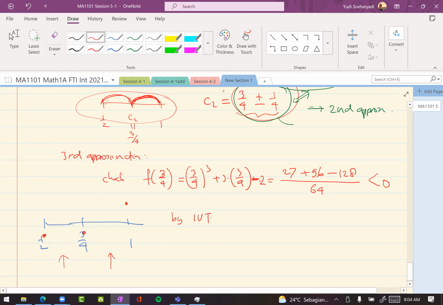Excuse me, sir, sorry to interrupt, but I checked on my calculator: f(3/4) is positive, 13 over 16. Let's see, it's 3/4 squared plus 3 multiplied by 3/4.